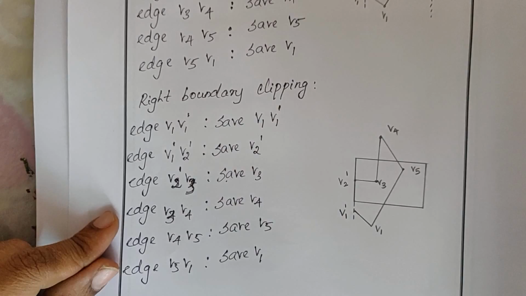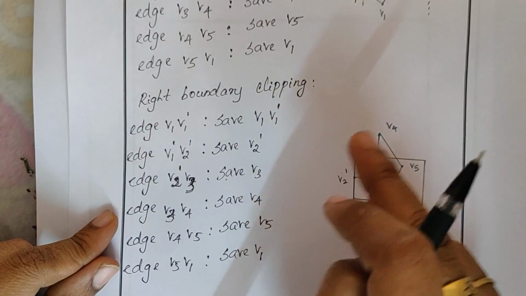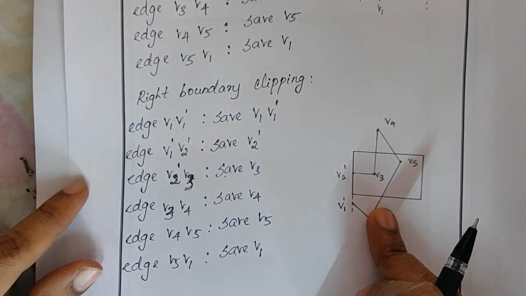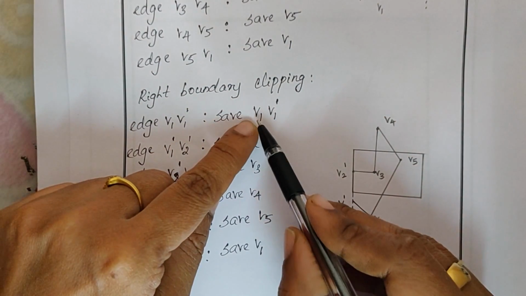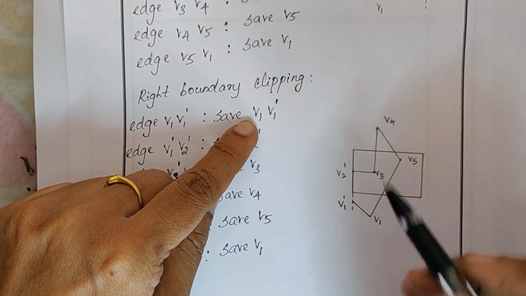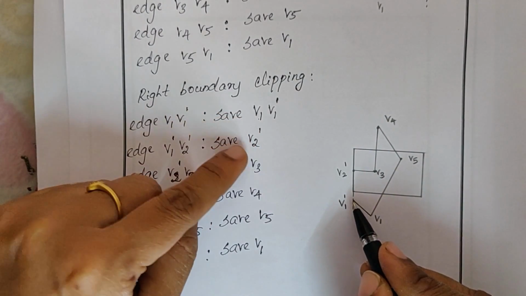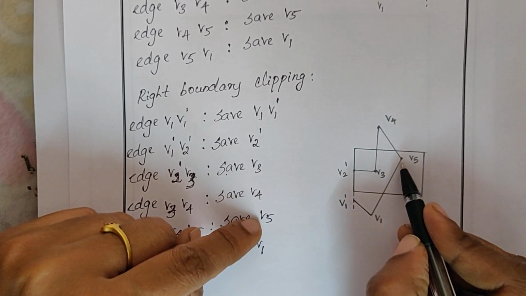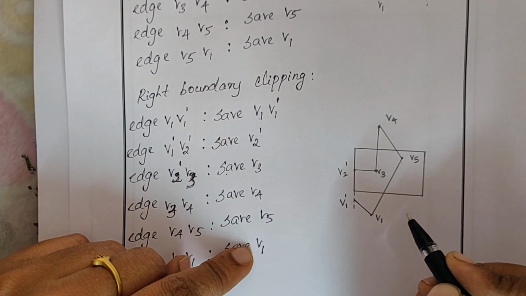Now keeping this, I have to draw the output for my right boundary clipping. So take the first vertex, it should be V1, V1 dash. Next it is V2 dash, V3, V4, V5, V1, right?